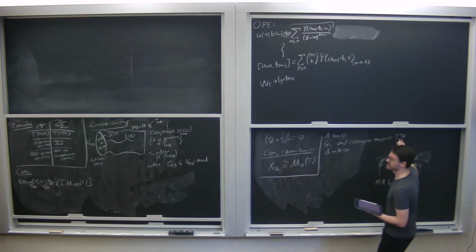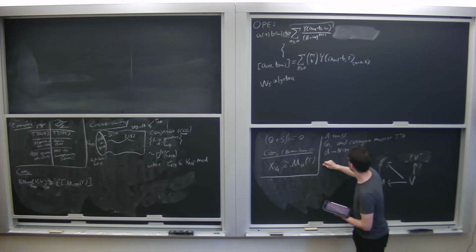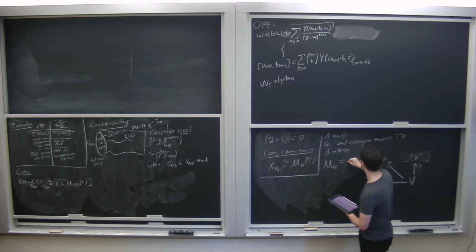It's a vector space. And then for such theories, our Higgs branch, most generally we would want to take as the reduction of that representation by the gauge group.